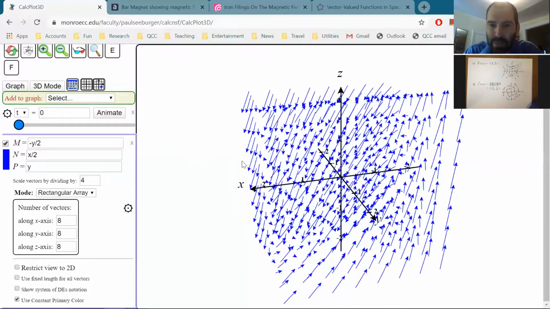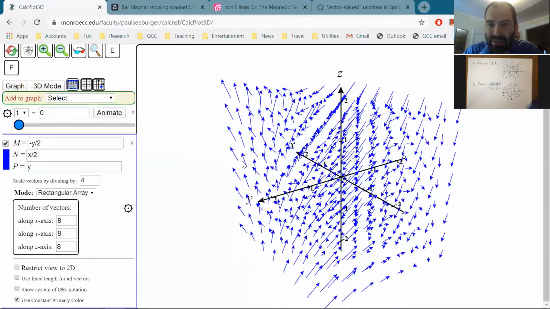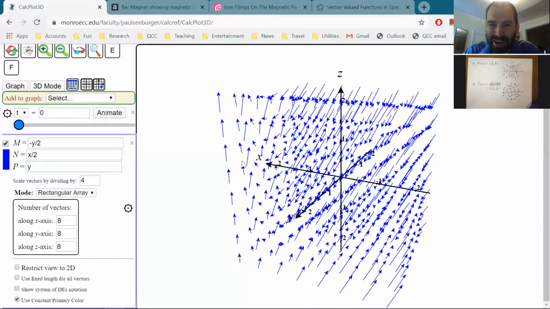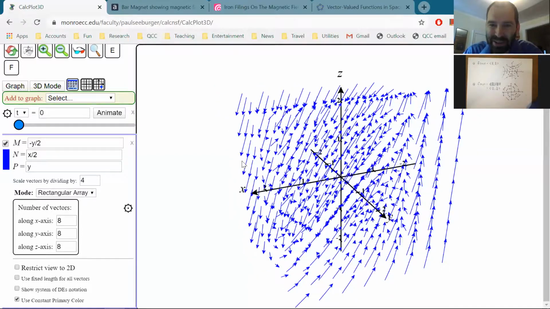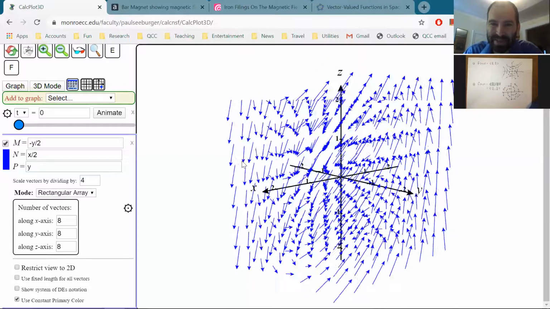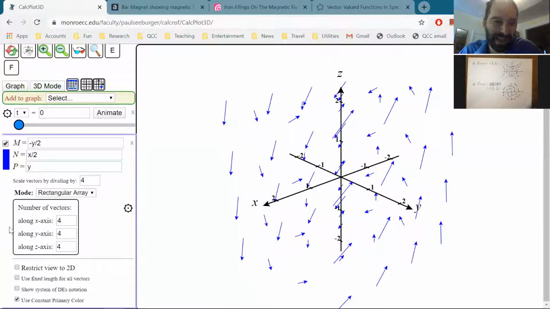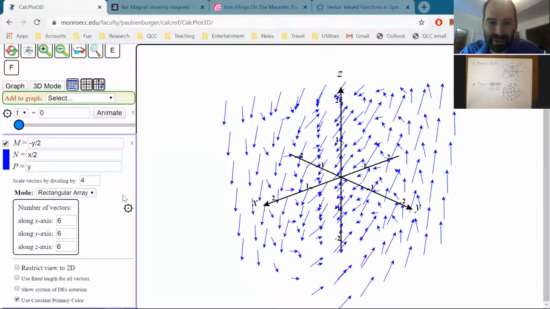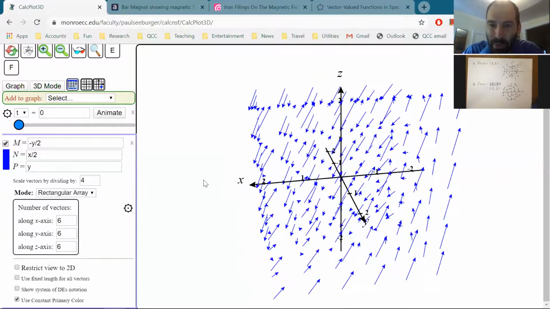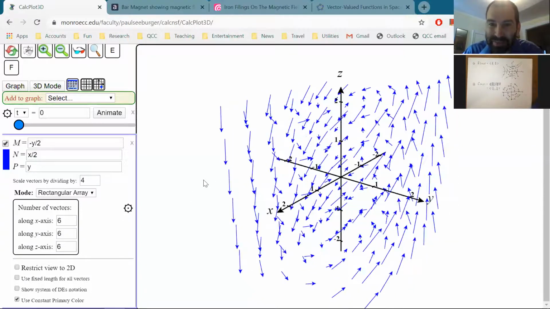So you can see that at every point in space, I've defined a vector. It's really kind of hard to see things clearly with all these vectors together here. Maybe I should plot even fewer of them. So I'll just plot 4 in each direction. And then it's maybe not so easy to see either. Maybe I'll do 6, right? Something like this. So you can see at every point in space there is a vector, and it's telling us to move in a different direction.